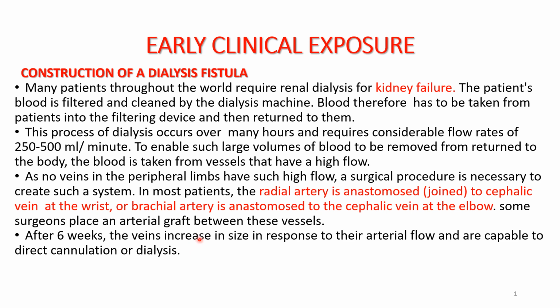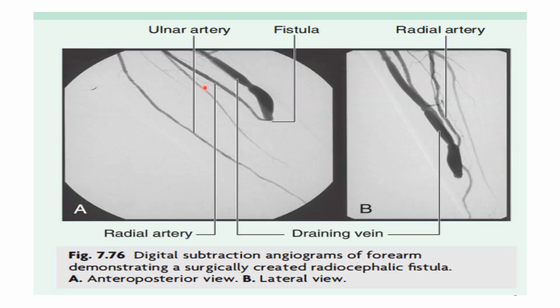Usually it could be the radial artery and cephalic vein at the wrist, or the brachial artery anastomosed to the cephalic vein at the elbow. These are the two things you have to remember. In this picture you can make out the digital subtraction angiogram of the forearm demonstrating a surgically created radiocephalic fistula, between the radial artery and cephalic vein.